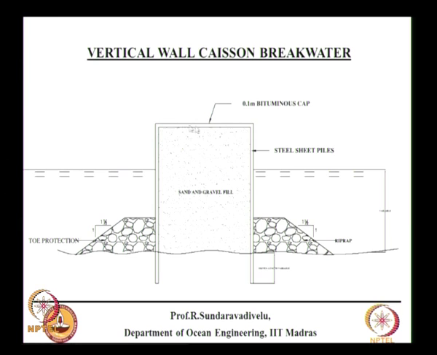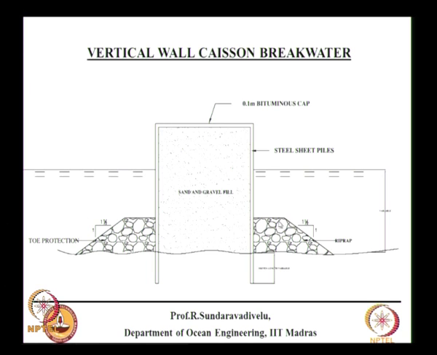The other type of breakwater is called the vertical wall caisson breakwater. So as you see here there is a vertical face, this can be made of concrete or steel, here they use a steel sheet pile wall on either side, then in between they are filled with sand, and then they have put a cap on top of it.